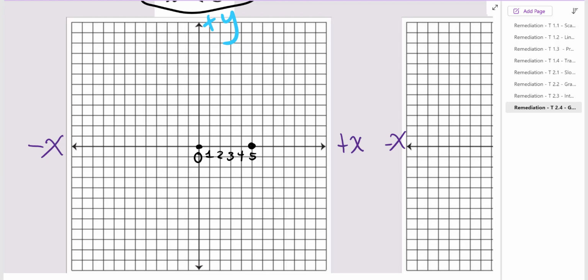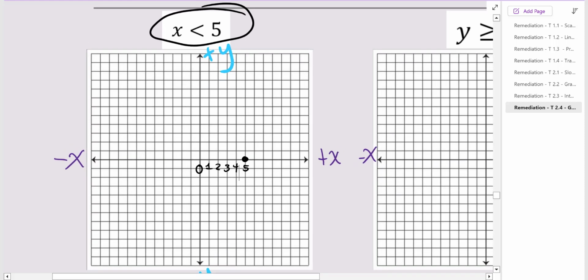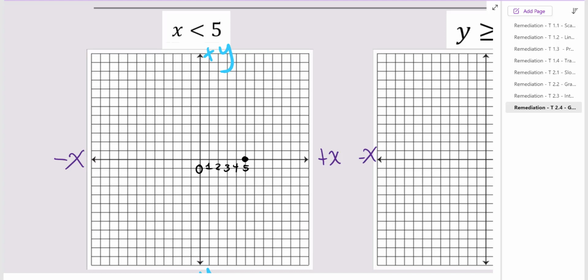So I'm going to draw a big point here. Podemos dibujar un punto a 5. Okay, because that's what it says, 5. Now, if it's less than, that means the line is going to be dashed. Si no hay línea bajo este símbolo, no hay línea abajo, significa la línea es este, tipo dashed.